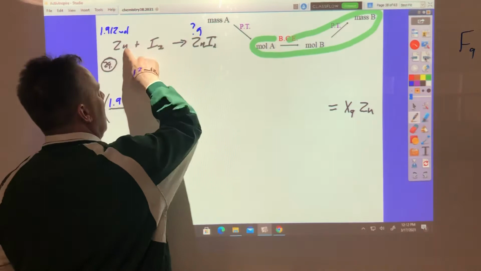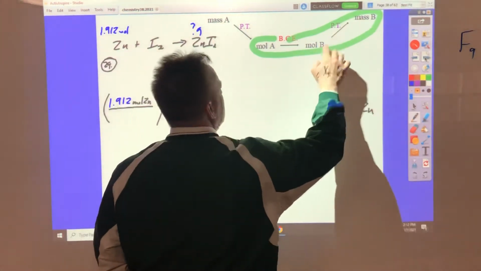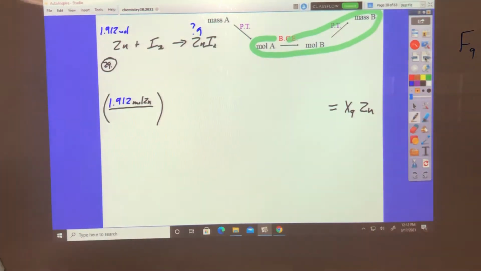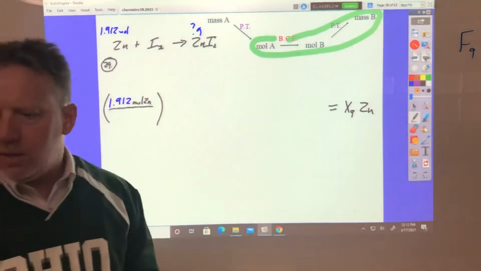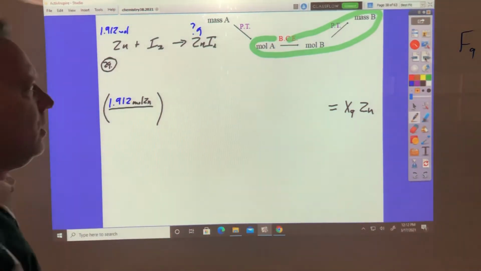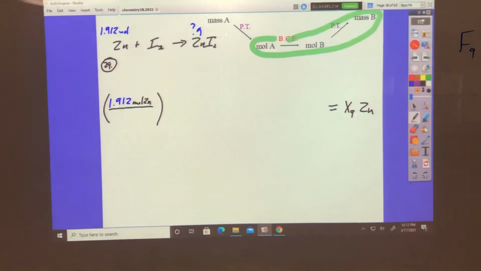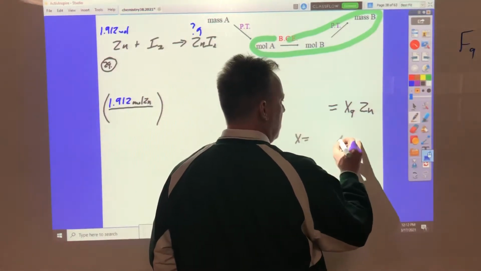The role of A is played by zinc. The role of B is played by zinc iodide. What we were after is grams zinc iodide equals X grams. X equals so many grams.